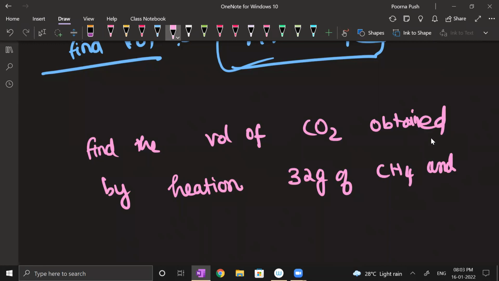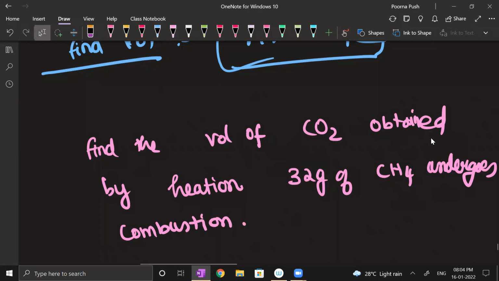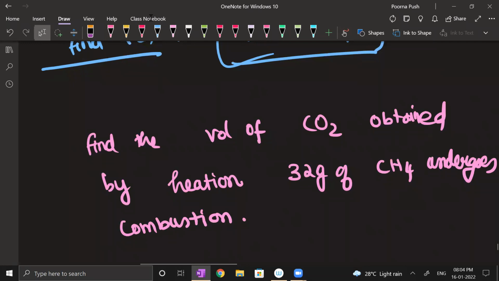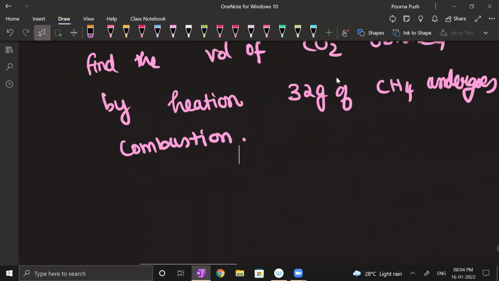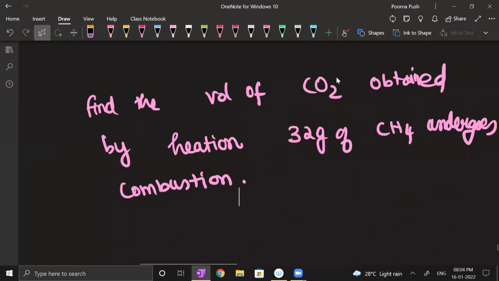This is actually stoichiometry. It undergoes combustion. In stoichiometry, first you should frame the equation and then solve it. First frame the equation.